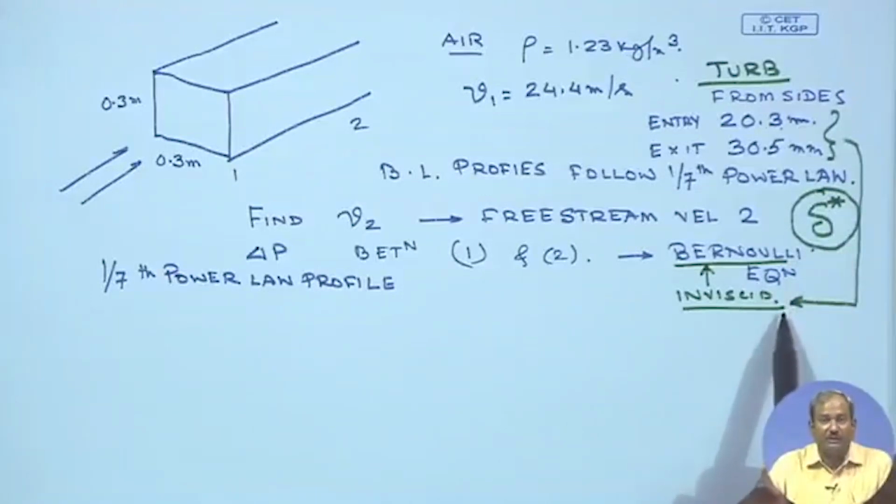So, that is the beauty of using an integral approach where delta star, the displacement thickness, is used, because if I reduce my flow area by delta star from all four sides, then whatever flow I have in that can be treated as inviscid, because the effect of reduction in mass flow rate because of the formation of boundary layer has already been taken into account in the value of delta star.